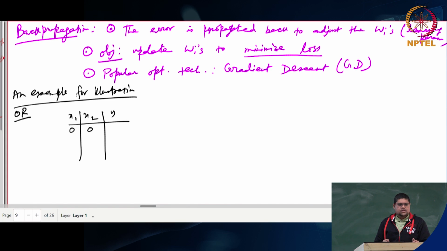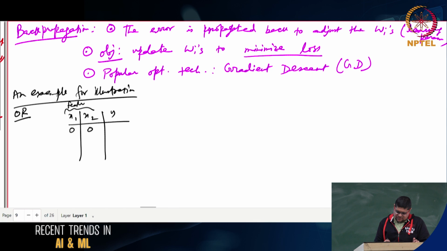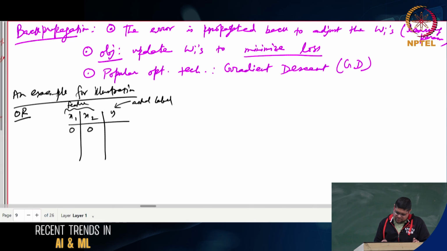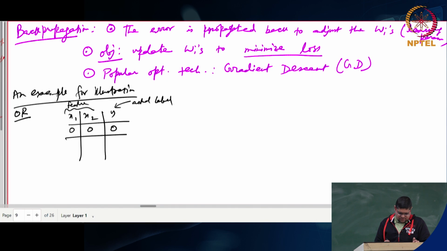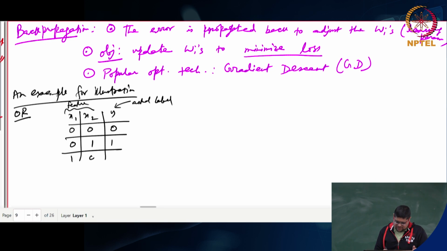We are taking x1, x2 as features, and this is our actual label, y. For 0 0, the actual output is 0. Then 0 1 gives 1. In all other cases it will be 1, right?